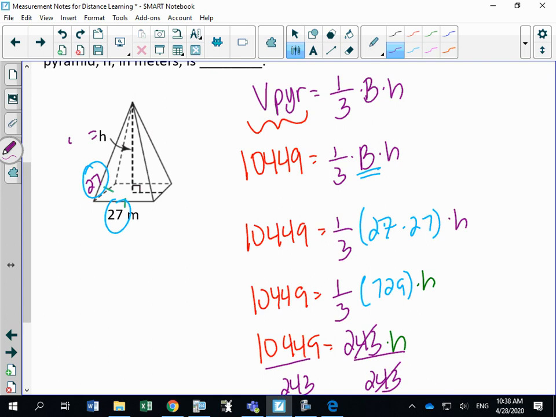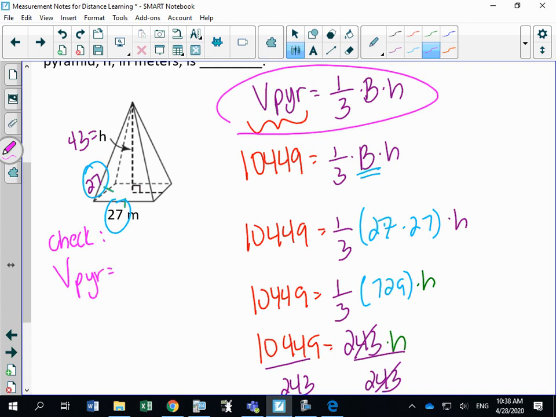There is a check that you could do. What would your check be? Your check would be writing the volume of the pyramid. So let's write check. Volume of a pyramid is equal to 1/3 big B times height. We know what big B is, 27 and 27, and let's check this 43.